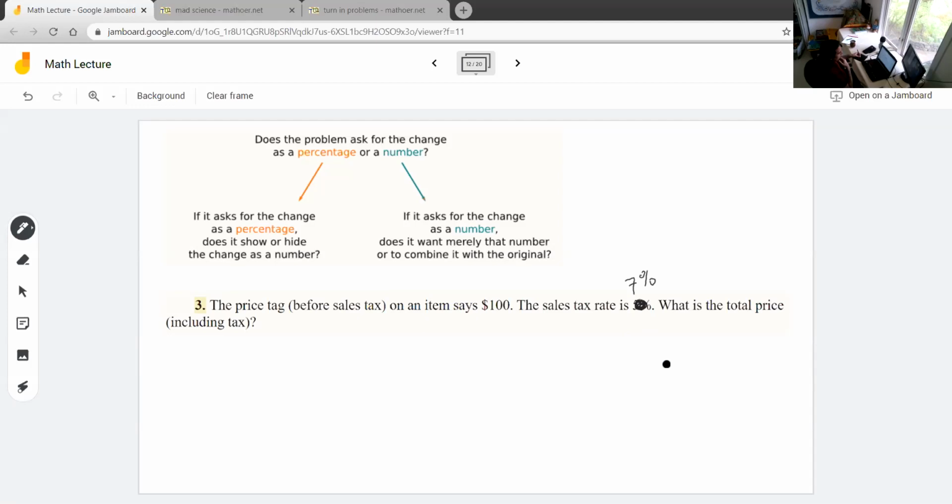What's the total price? So are we looking for a percent, or are we looking for a number? We're looking for a number, right?